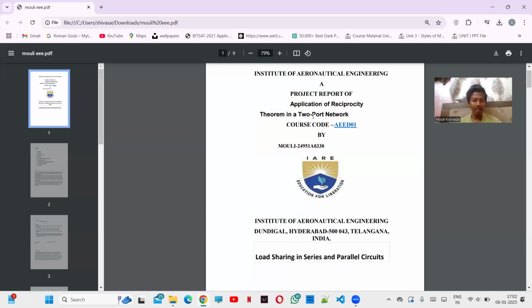In a parallel circuit, the total current is the sum of currents through each parallel branch. According to Ohm's law, the current through each branch can be calculated as I equals V by R, where V is the constant voltage across each branch and R is the resistance of each component.